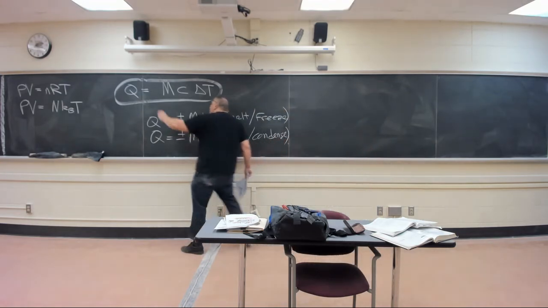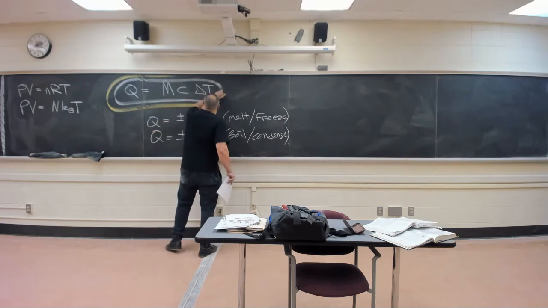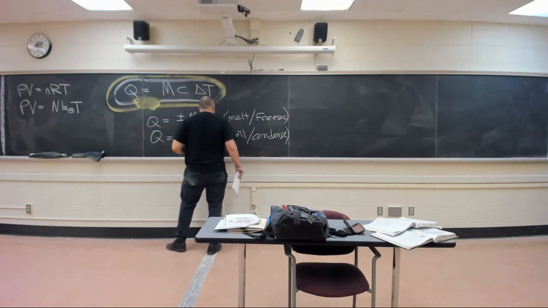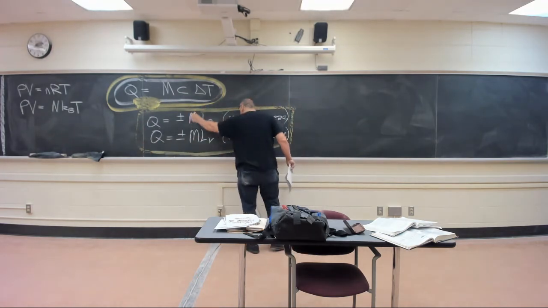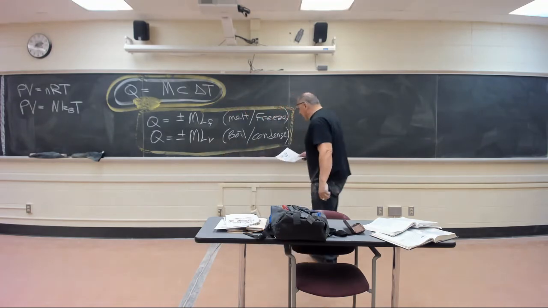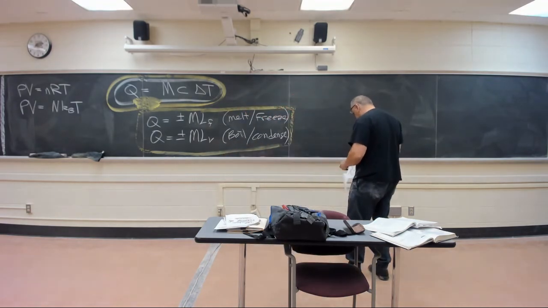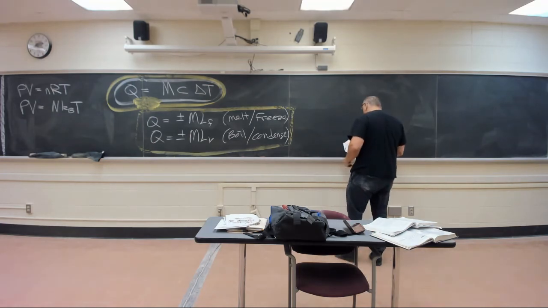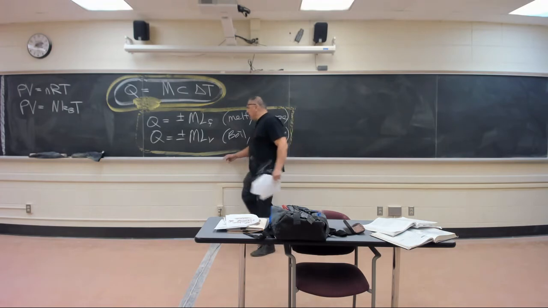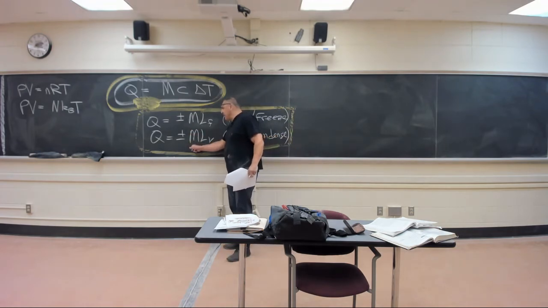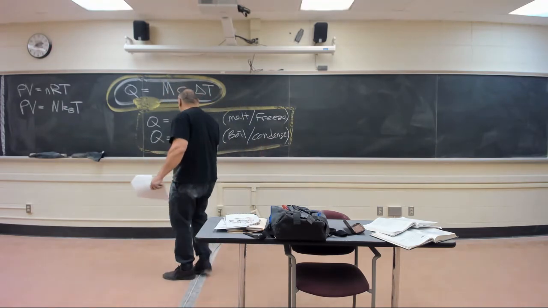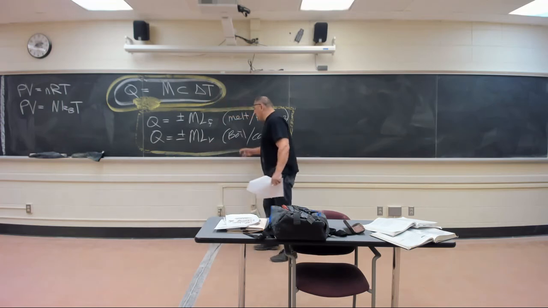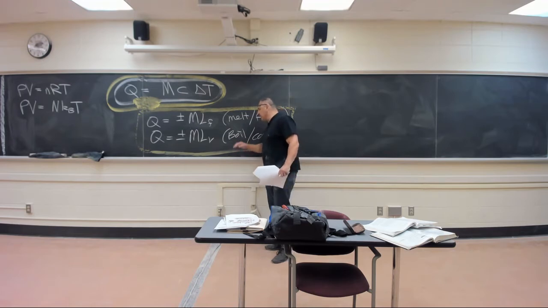Okay. So this is something that we might encounter if we encounter it. Regardless of what I test you on, as we get into the semester doing stuff, guys, it's good to know this stuff. It's going to help you for a lot of things. Something expands. And again, the constant here, this is mass. The more massive something is, the more heat energy you need to take out to freeze it, or to put in to boil it, or to take out to condense it, have it come down from a gaseous state to a liquid state.